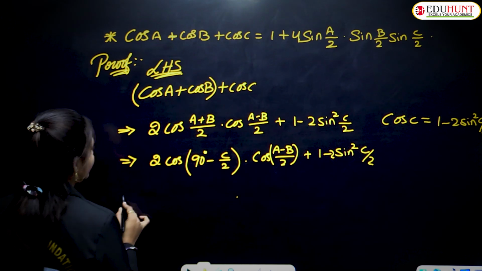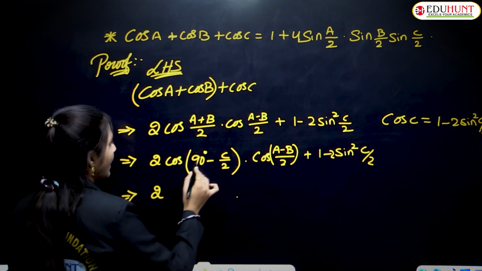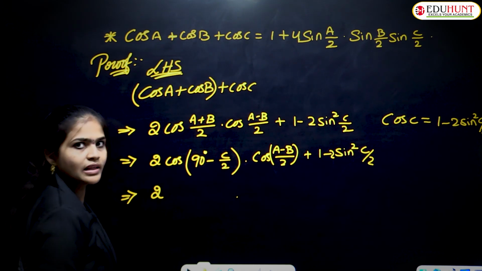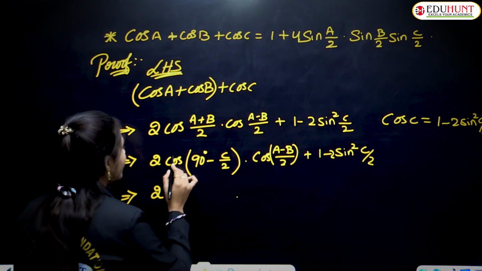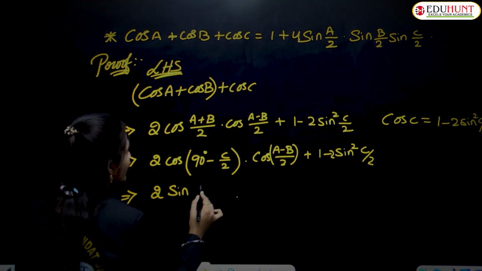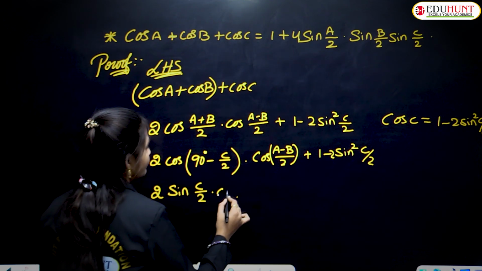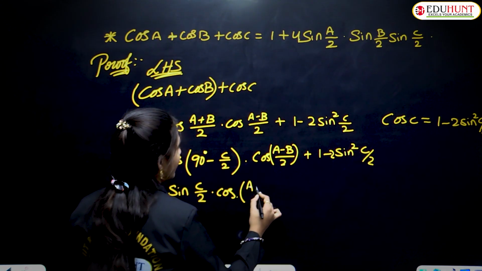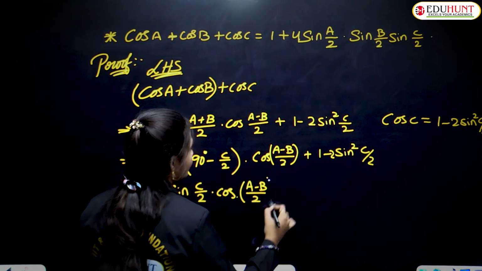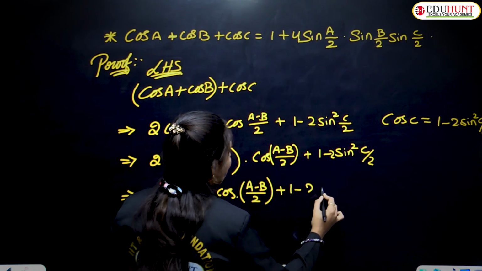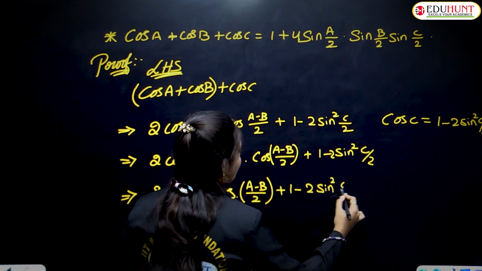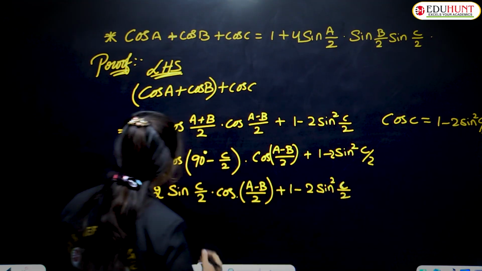So from this one 2, and here 90 minus theta, so we know that again that is positive only, but here cos changed as sin. 2 sin c by 2 cos of a minus b by 2 plus 1 minus 2 sin square c by 2.